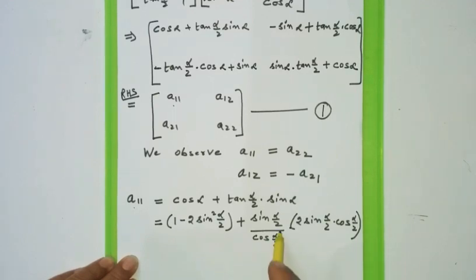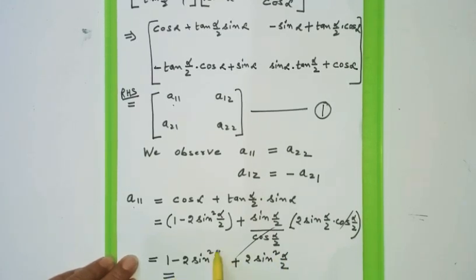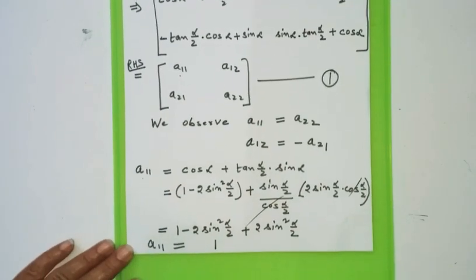Now we also observe that cos alpha by 2 and this cos alpha by 2 get cancelled. So we get 1 minus 2 sin square alpha by 2 plus, we multiply sin alpha by 2 with 2 sin alpha by 2, so we get 2 sin square alpha by 2. Again we observe that these two elements also get cancelled and the result is 1. So we have observed that element A11 has come out to be 1.